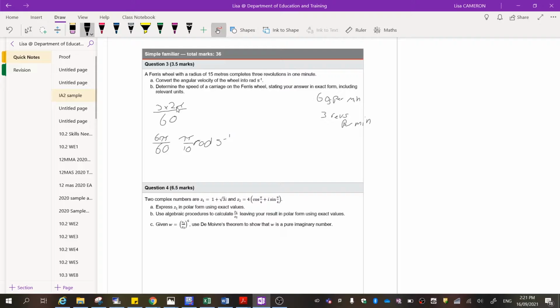And the reason for that is you got the 6, this is in radians here, 2 pi is in radians, and there's 3 revolutions, so you times the 2 pi by 3 to get you 6 pi, and you divide it by 60 in order to turn it from minutes into seconds. So it turns into pi on 10 radians per second. So that is question A.